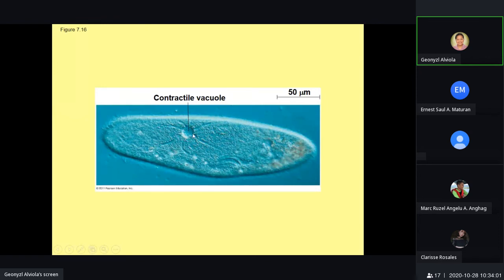And sa loob nito, you have the contractile vacuole. I think ang gigamit nga microscope nito is SEM or another type, pero makita gihapon live man kasi when we use SEM dapat patay ang organism. So makita ang highly detailed structure sa vacuoles sa paramecium.